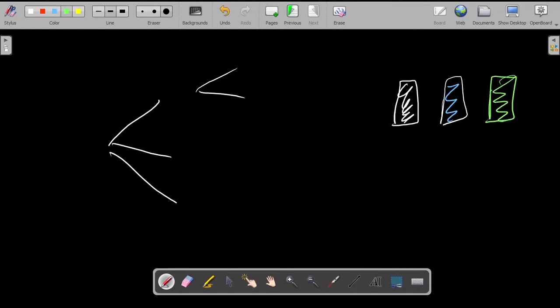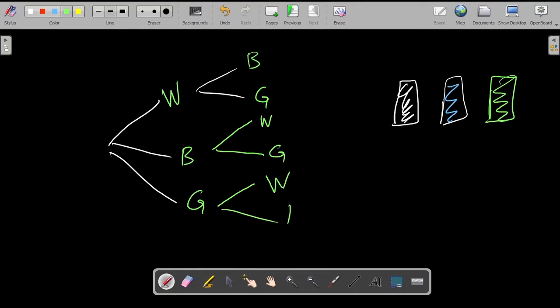So if this is a white cup and this a blue cup, and then let's say we have a green cup. Now, if you pick a white cup and you're told that it's not replaced, then in the next pick, you basically only have blue and green. If you pick a blue cup, then in the next pick, you only have white and green. If you pick a green cup, then in the next pick you only have white and blue.